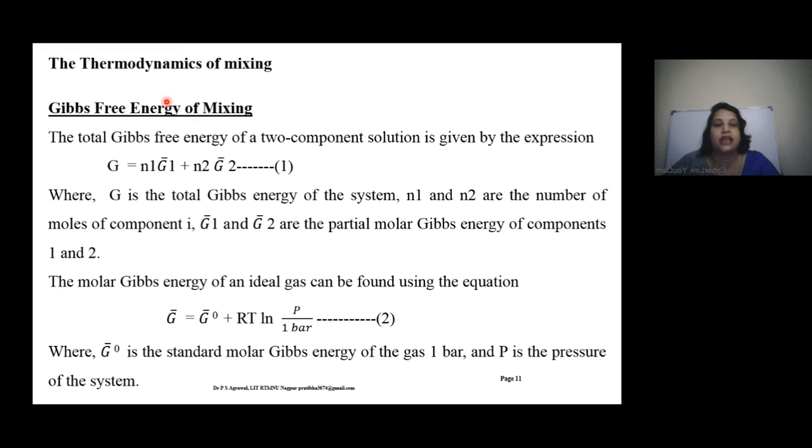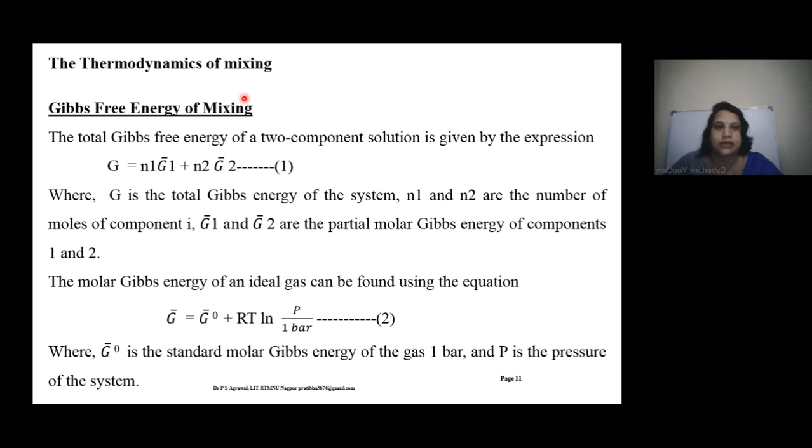A solution is created when two or more components mix homogeneously to form a single phase. The study of these solutions is very important in chemical engineering programs. Understanding the thermodynamic behavior, either ideal or non-ideal, is an integral part of the study, because it provides valuable information on the molecular properties of the system.